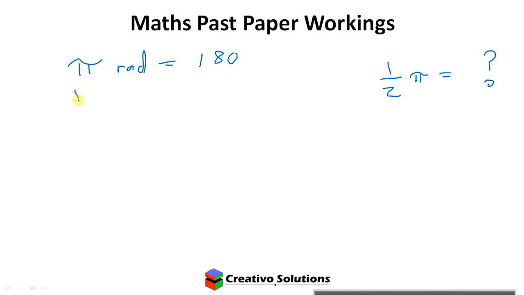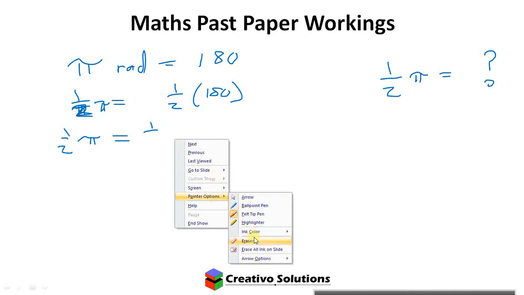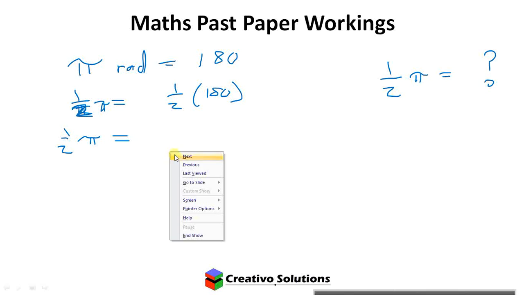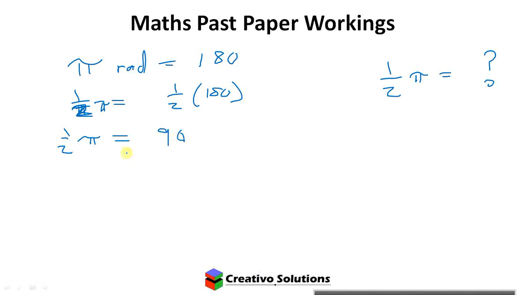Obviously a half pi would be half of 180, which is 90.